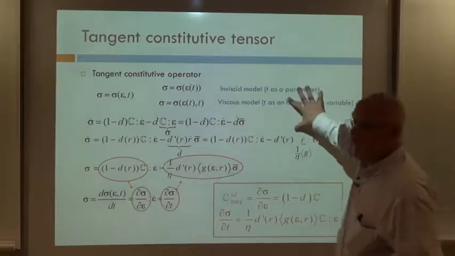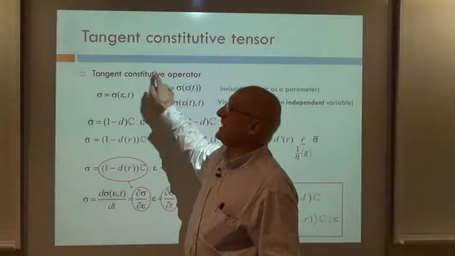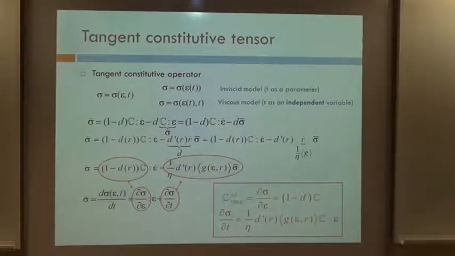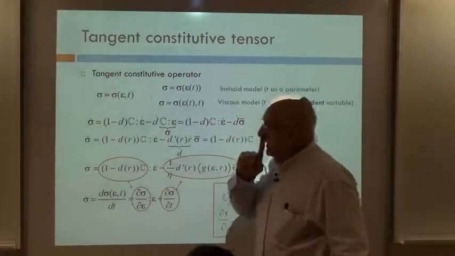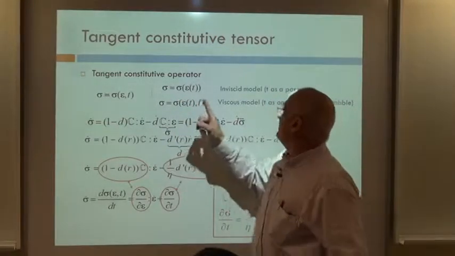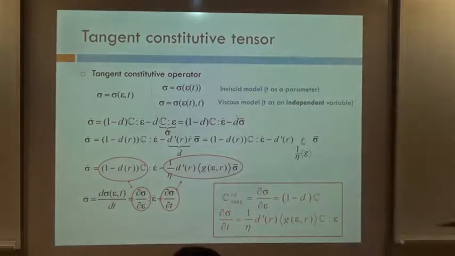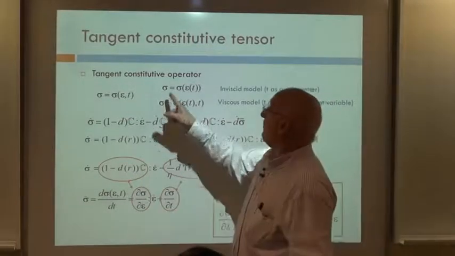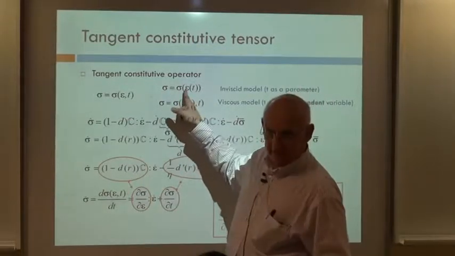Another important change is the tangent constitutive operator. You have to look at that because otherwise you will get surprised. Look, I just want to recall what I said to you. The tangent constitutive operator is defined as the derivative of the stresses with respect to the strains.